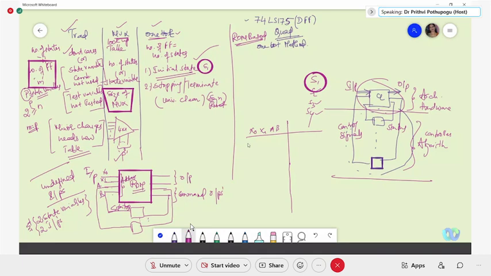Rather you have to define all, from 0, 0, 0, 0 to 1, 1, 1, 1. That means 2 power 4, that is 16 combinations you have to define. The size of the table will be 2 power the sum of M and P, where P is the number of state variables and M is the number of inputs.